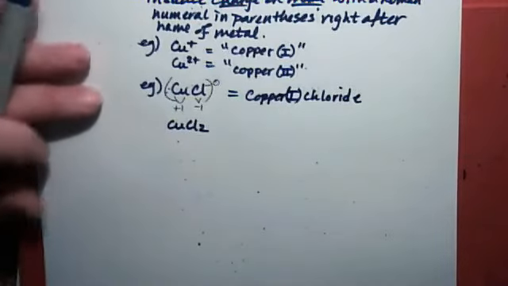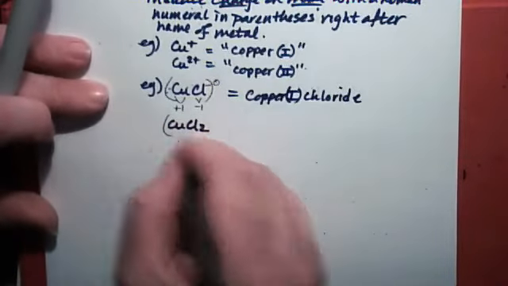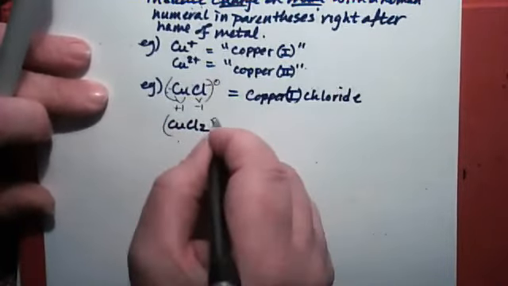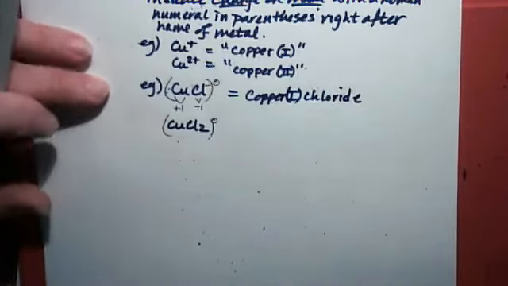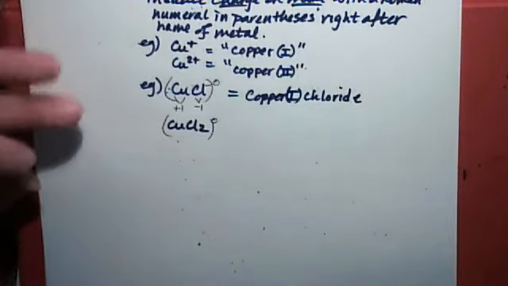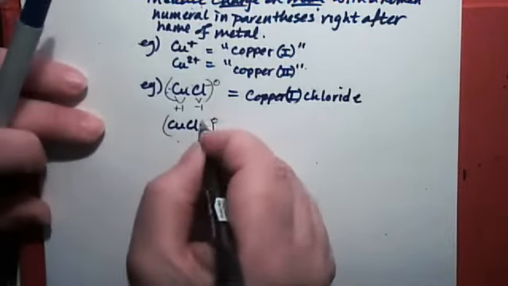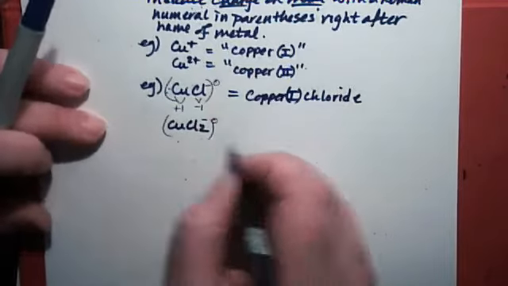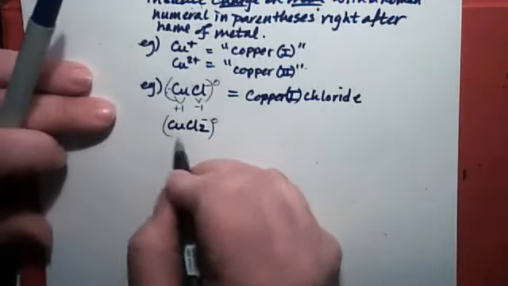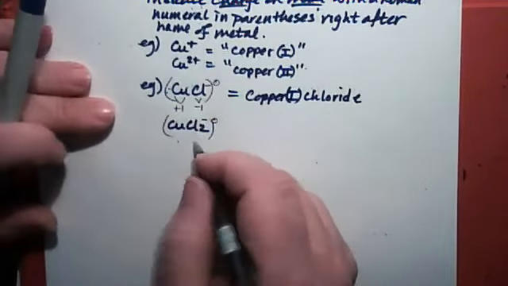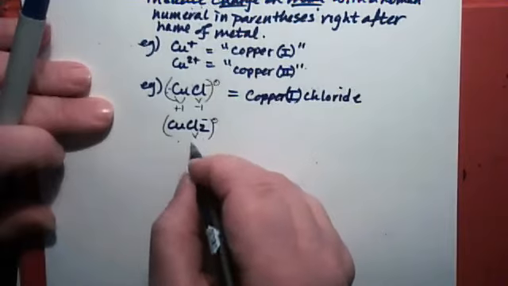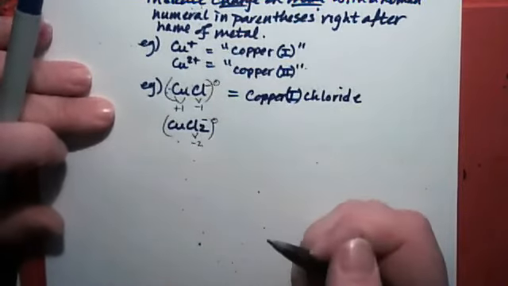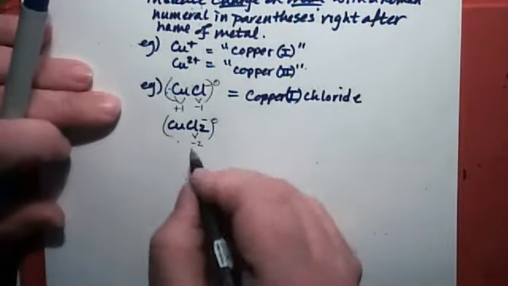On the other hand, if it were CuCl2, we could do the same thing. Know that the charge on the compound overall has to be 0. And we recognize that when chlorine is with a metal, it's always got a charge of -1. There are 2 of them, though, so that's -2 for the chlorine part of the molecule.